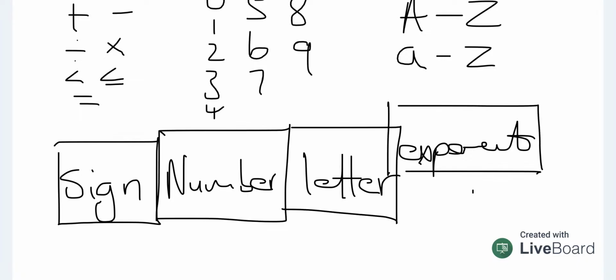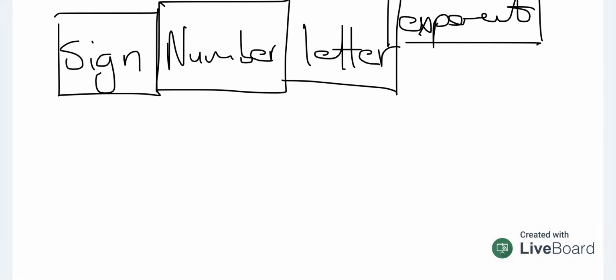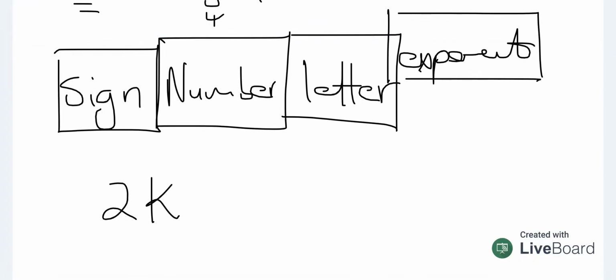I will definitely give you an example, something like 2k. So the sign for this term is an invisible positive. The number is 2. The letter is k. The exponent is an invisible 1.